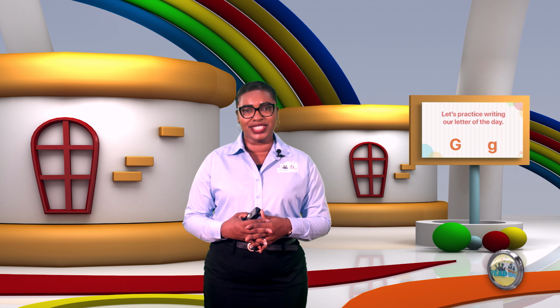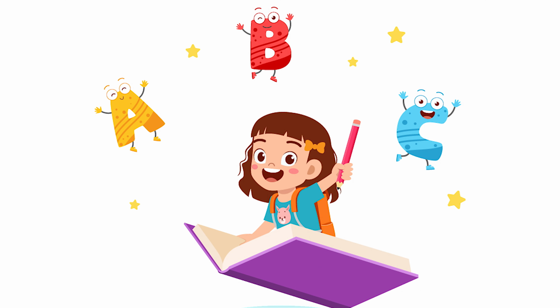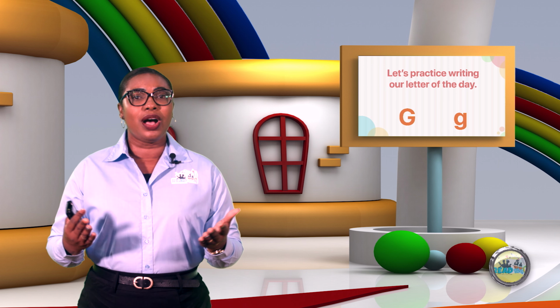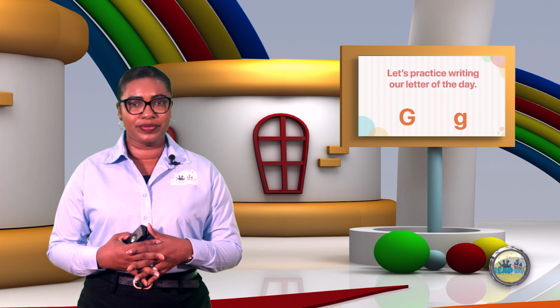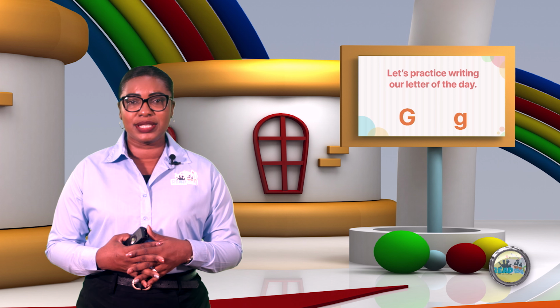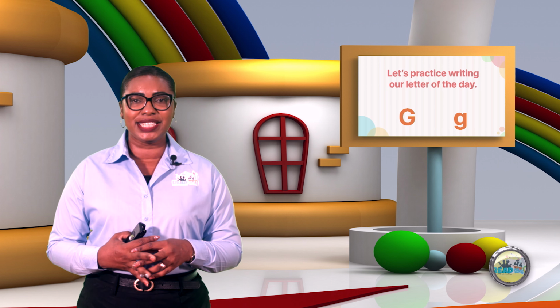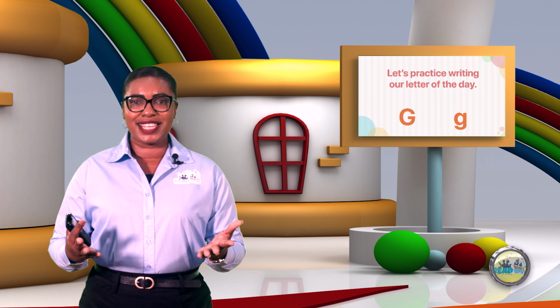You are going to practice writing letter G. Yes, the gorgeous G. Let's begin by writing capital G or uppercase G. Like always, I will say, follow the instructions and then try writing it on your own. Let's get going.